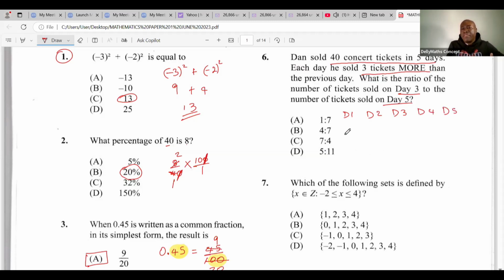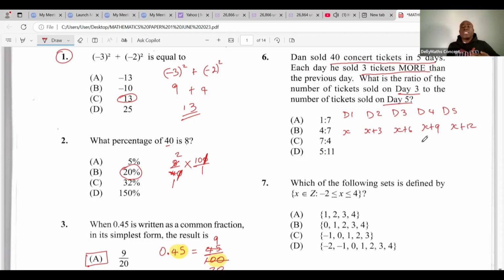So basically, if I say that we sold X tickets on day 1, because each day we're selling 3 more, it means that day 2 will be selling X plus 3. On day 3, I'm going to be selling X plus 6, which is 3 more added to 3. Then it's going to be X plus 9. The last day, X plus 12.